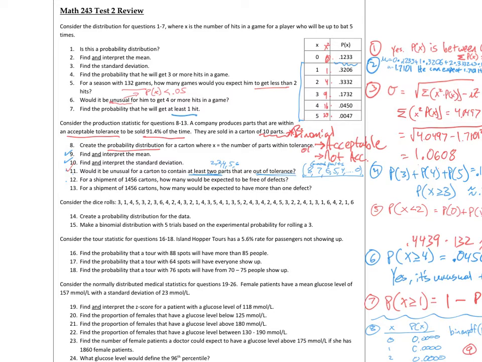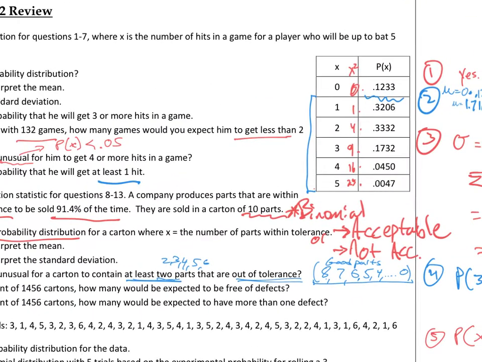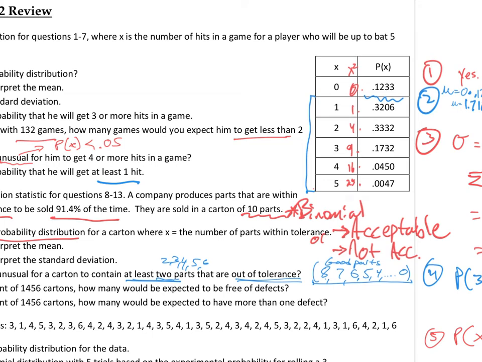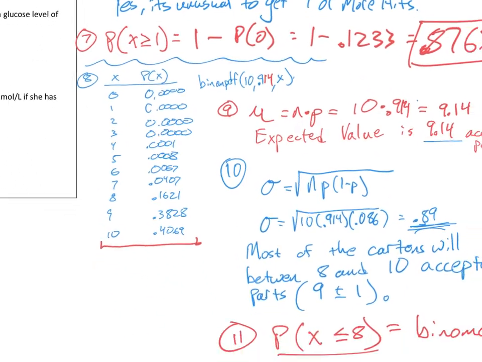So what about if we have 1456 cartons, how many would we expect to be free of defects? We have to think probability first. Free of defects means that we have 10 good parts. So we're talking 10 good parts and 1456 total cartons.